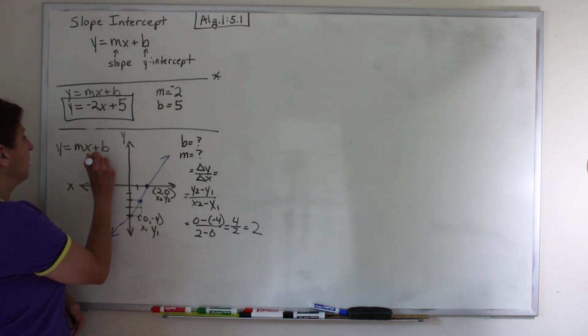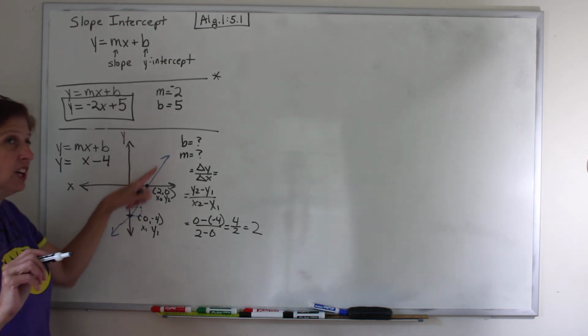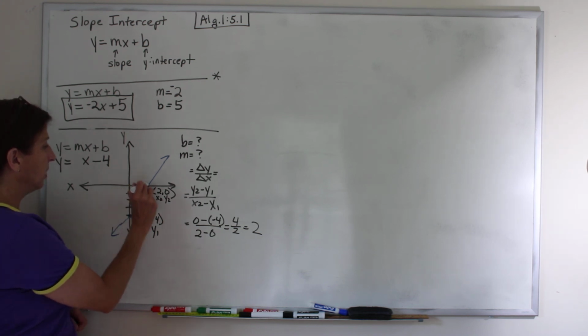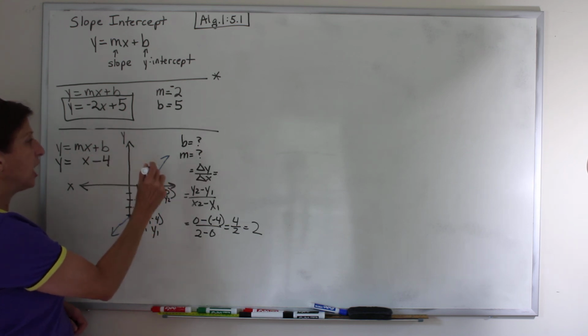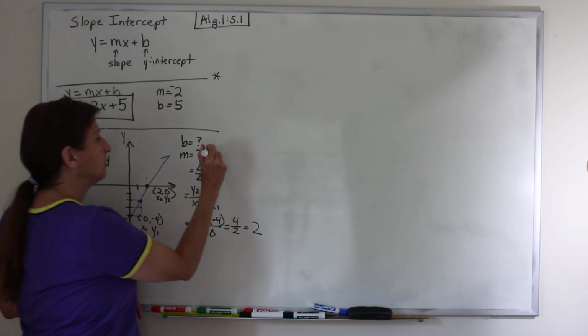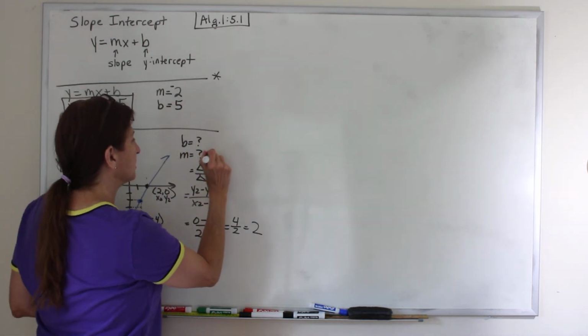So we know what's going to go here under b is -4. Y is going to go there, x is going to go there, and now we have to figure out the slope. Now one way we can do it is just look at it. And I can see that it goes up 2 over 1, up 2 over 1, up 2 over 1. So just eyeballing it, it's going uphill. So it looks to me like it is 2 divided by 1, which is 2.